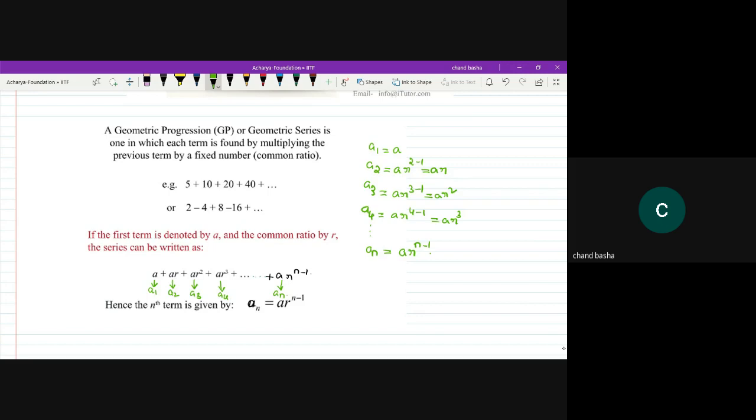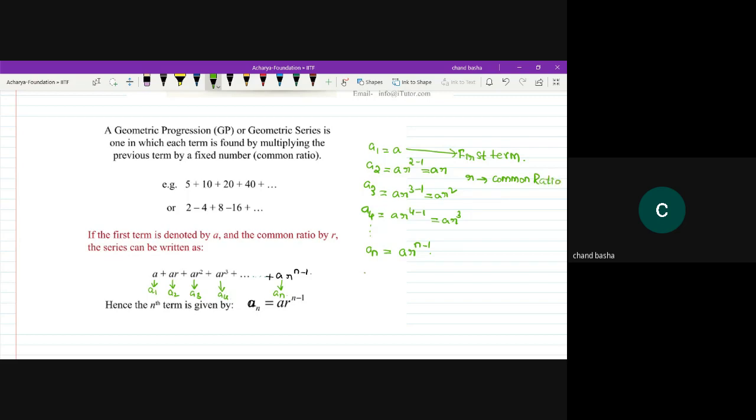Sir, what is meant by A here? A we can call the first term of the given sequence. It is the first term. And what is meant by this R? R we can call the common ratio.